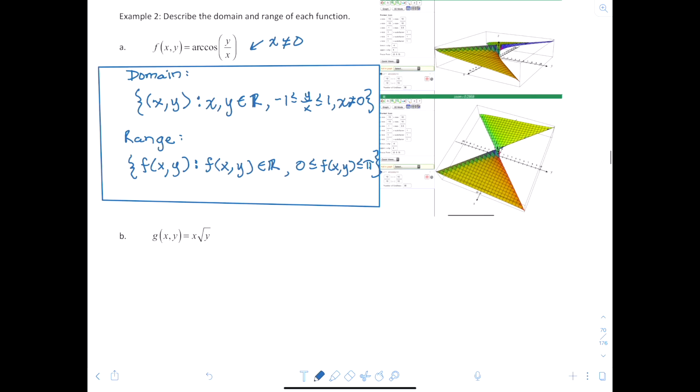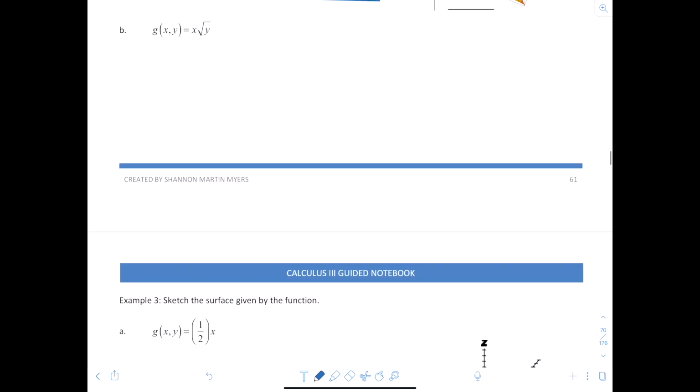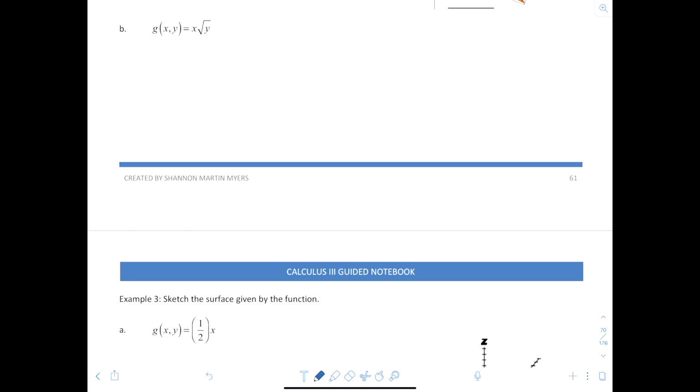All right, so next up we've got this guy here. Okay, so g of x and y is equal to x times the square root of y. So here, let's just kind of figure this out. What's going to happen for the domain? I mean, isn't it true that x can be any number, right? But what about y? Y has to be greater than or equal to 0, right?